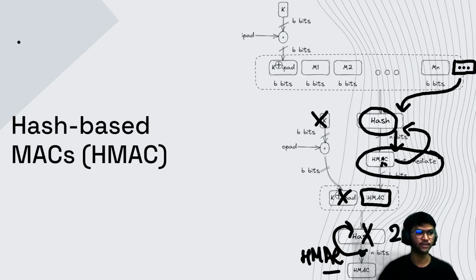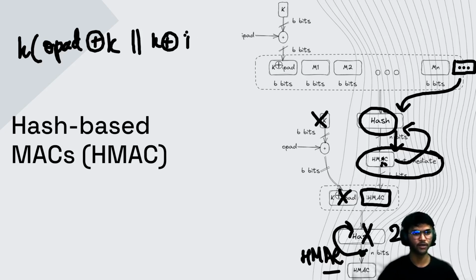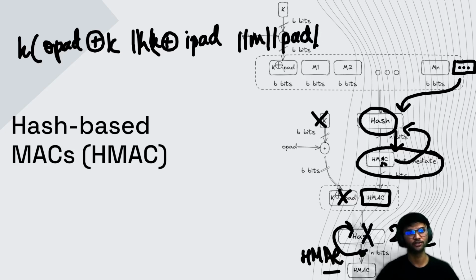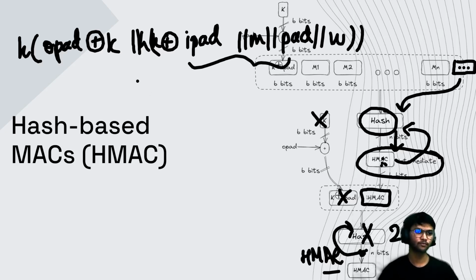Mathematically, we'll say that the hash of opad XOR key K concat with the hash of ipad concat message, concat a pad, just to be sure it's of b bits, with a malicious word W. Even if Eve is able to compute this, they will not be able to know the secret key K, and thus they'll not be able to compute the second pass.